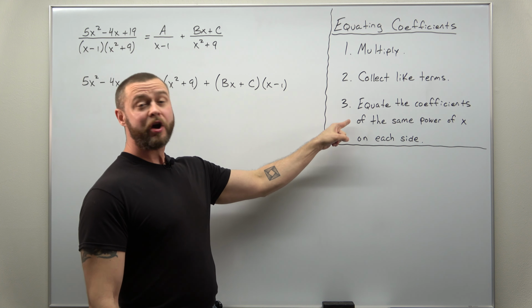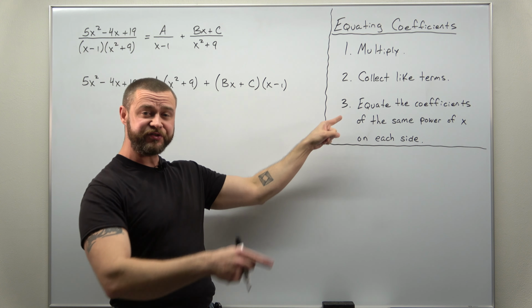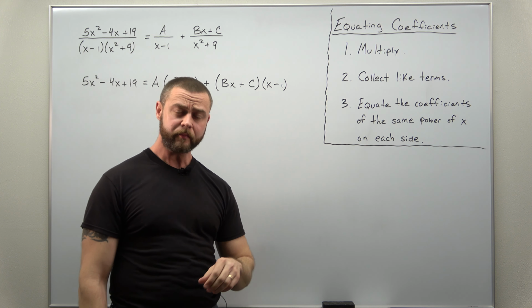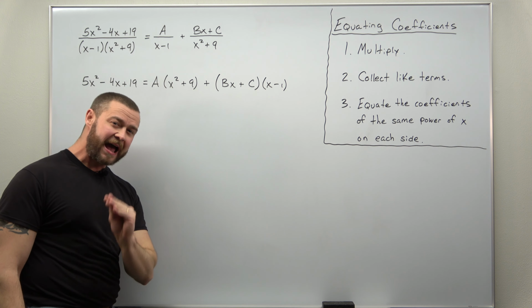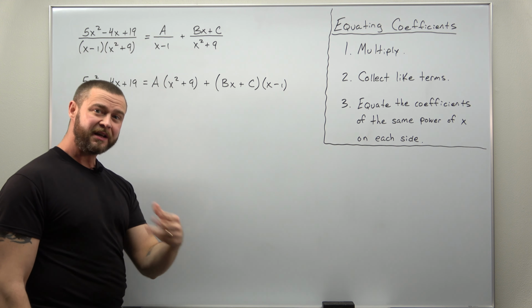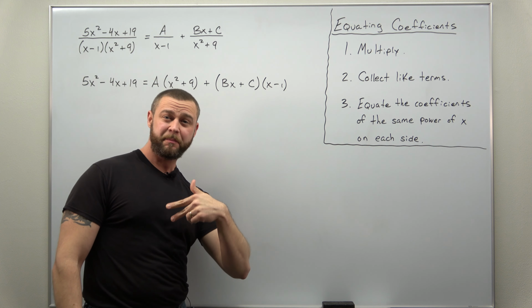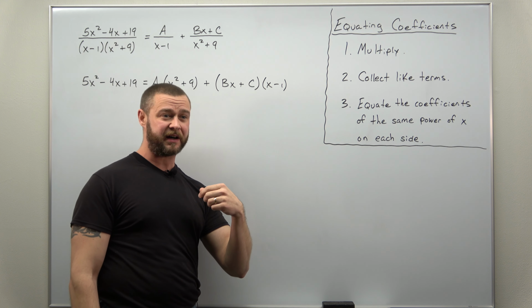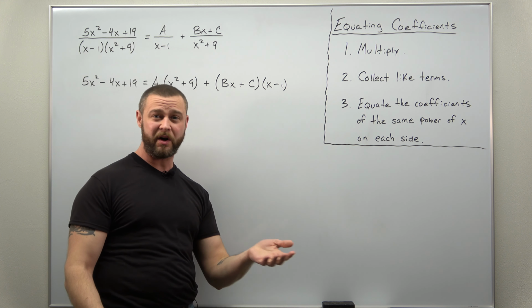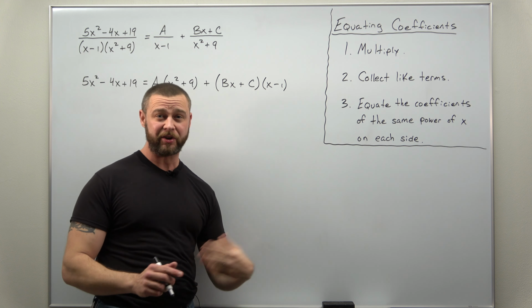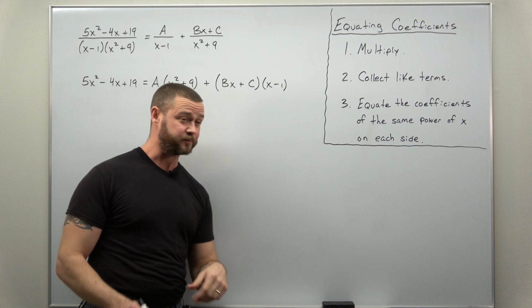Basically, the coefficients of powers of x on each side should be equal. Now, again, this is still tedious, but sometimes the algebra multiplying out is easier than doing powers of numbers. Like think of 2 to the 5th power minus 16 plus 1. I can barely do that in class. I'm much better with algebra.